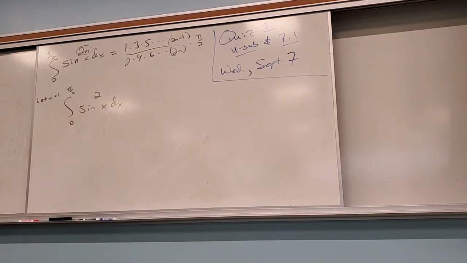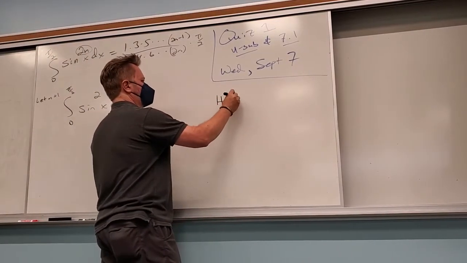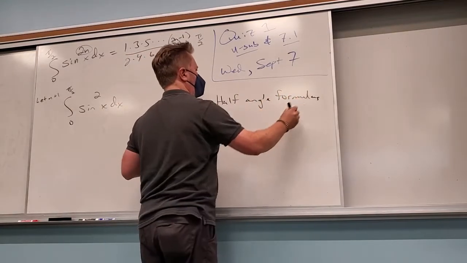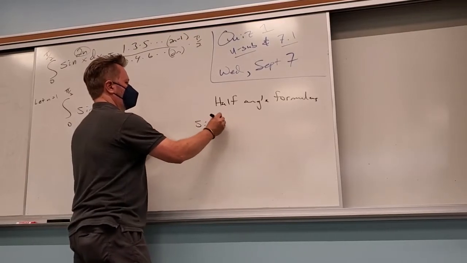So here's a big clue. You have that sheet. What's funny to me, again, is this is sort of a next section kind of problem. That's okay. And this was related to the half-angle formulas that you have to memorize. So for example, what's the sine of theta over 2?